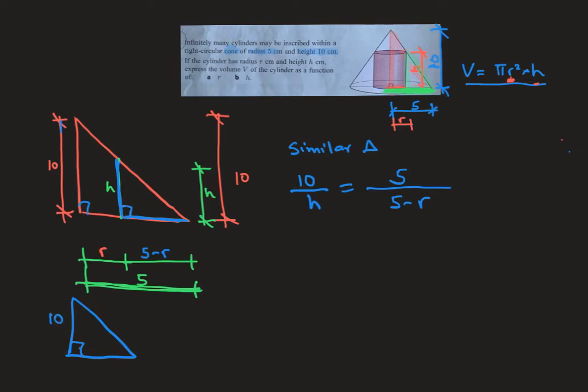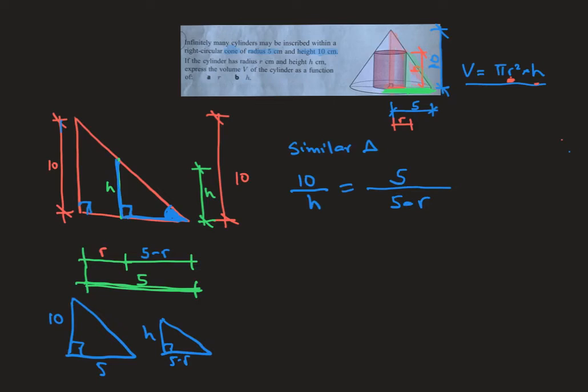So this is 10, this is 5, and this is now the smaller one: this is H, this is 5 take away R. So it's similar triangles. In this case they have the same angle, they share this angle, and they have another angle that is the same, which is the 90 degree angle. I'm quite positive you have done this before.